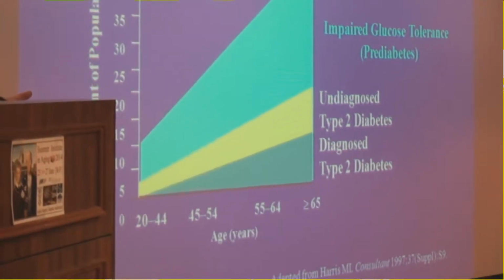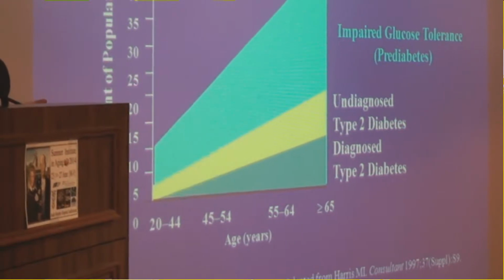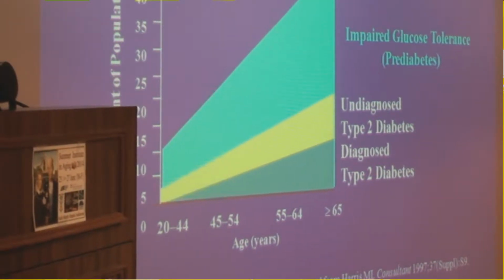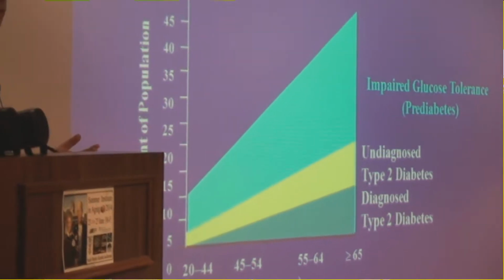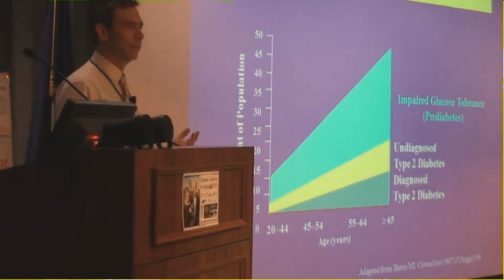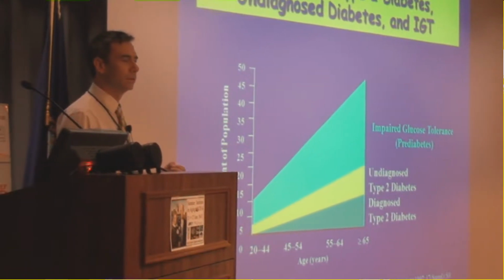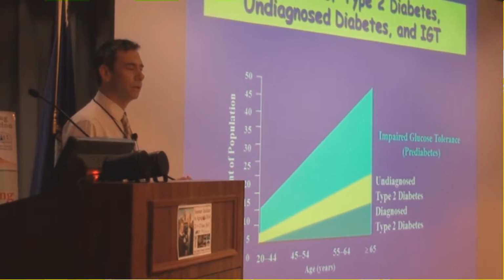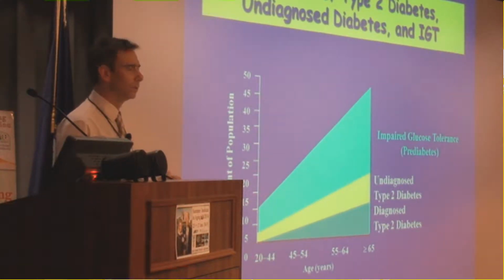Type 1 diabetes used to be called juvenile onset, and essentially this is a process in which the immune system attacks and destroys the beta cells which make insulin in the body. It happens more frequently in children and adolescents, although it can also happen at older age.